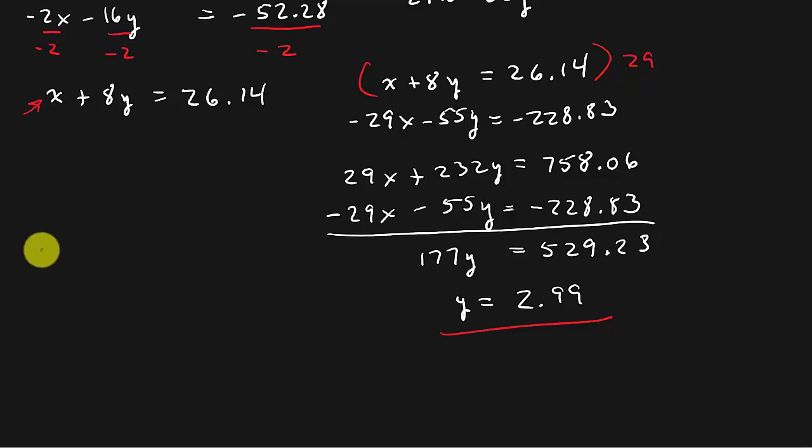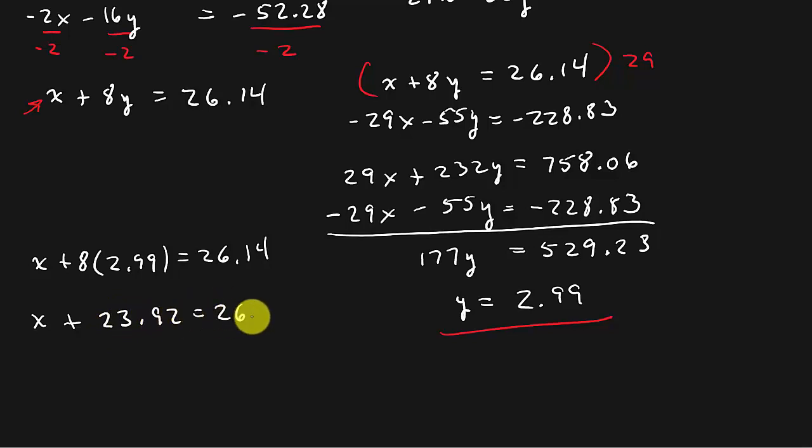And so that's going to give me x plus 8 times 2.99 is equal to 26.14. So that's going to be x plus 23.92 equals 26.14. And so subtract that from both sides, I get x equals 2.22, which is $2.22.